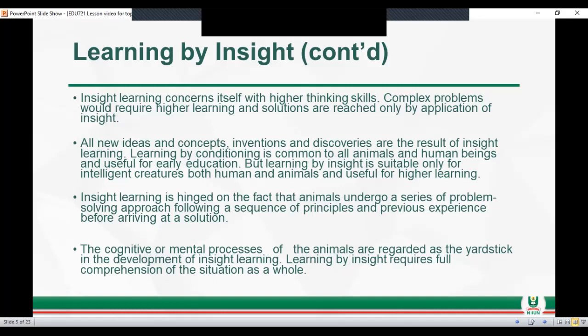Insight learning concerns itself with higher thinking skills. And with that higher thinking skills, you are able to solve complex problems, which require higher learning. And solutions are reached only by application of insight.